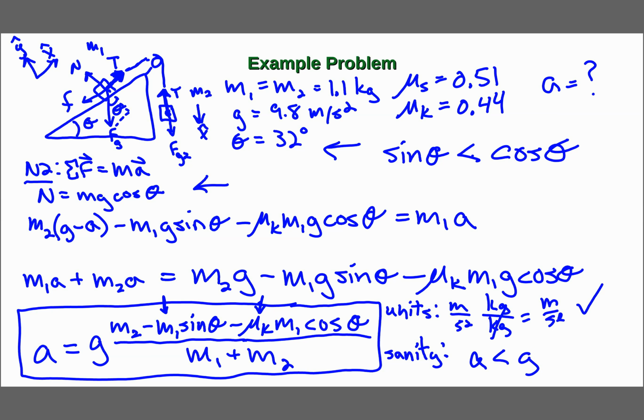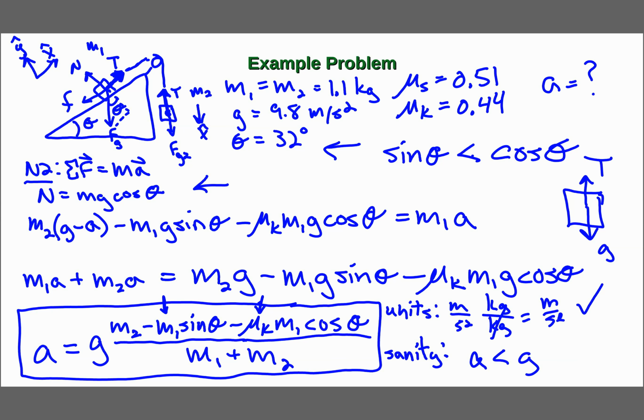And that makes sense, right? No matter what I do, if we just think even about block 2 for a second, sitting here, if it was in free fall, then the acceleration would be little g. So no matter what block 1 is, no matter how little it weighs, I'm adding a tension to it in the other direction. So I have to have an acceleration that's smaller than g. No matter how small block 1 is, no matter how much less it is than little g, I must have an acceleration that's smaller than little g if I'm going to connect these two blocks in this way.